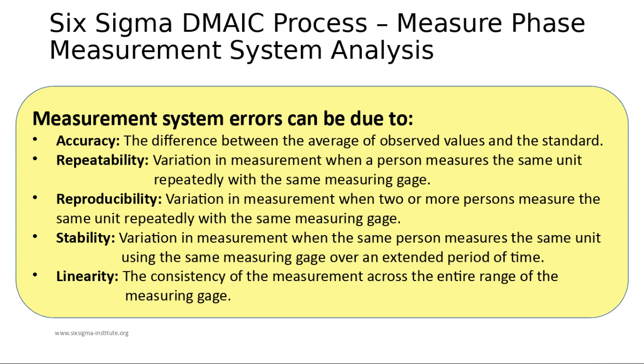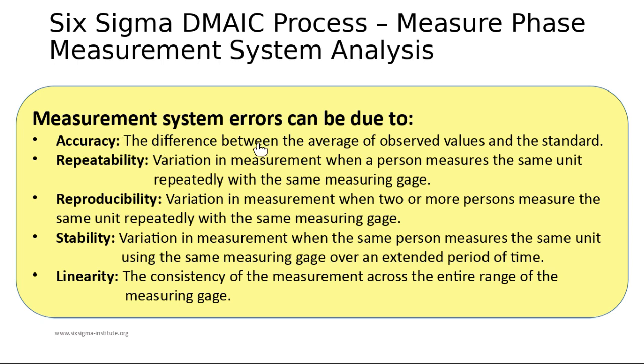What may not have been covered previously is that measurement system errors can be due to one of these things. What do measurement system errors mean? The defects that happen when you gather the data. What are the causes of those defects? Accuracy is one of the causes.